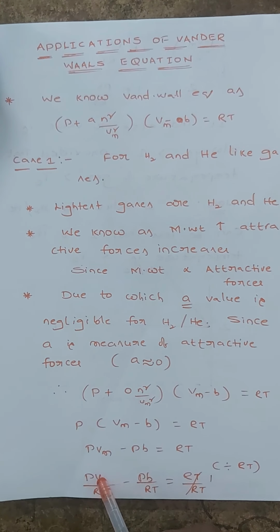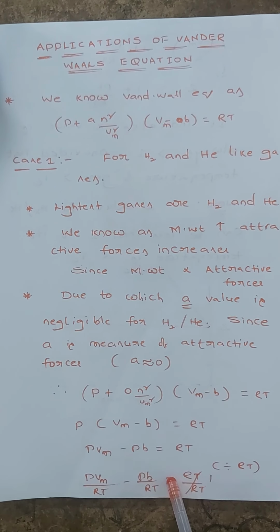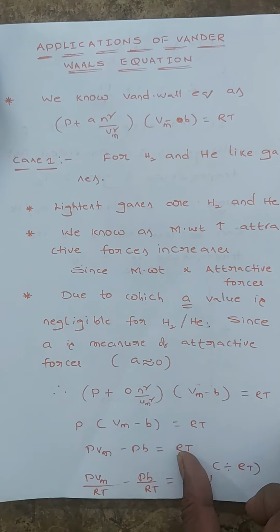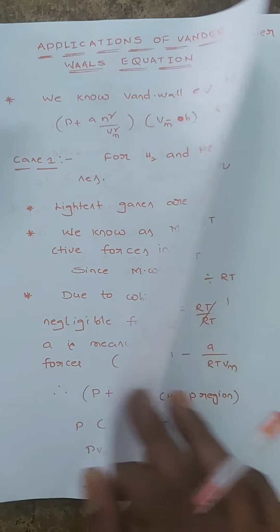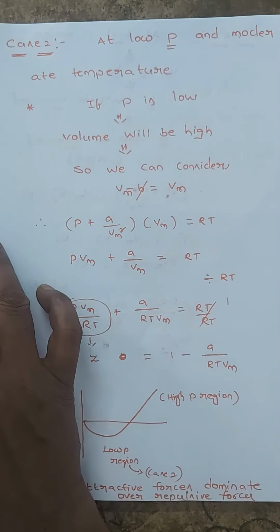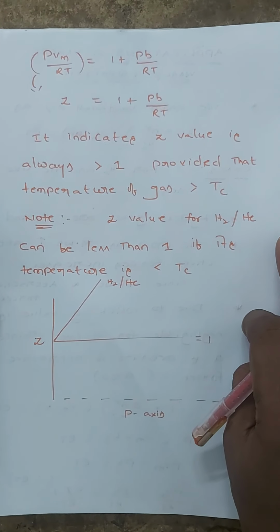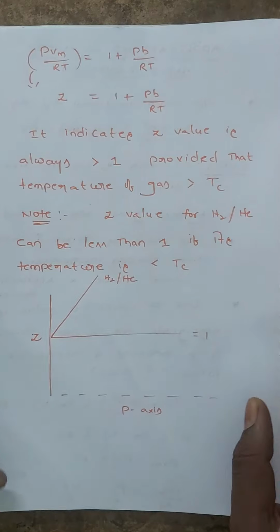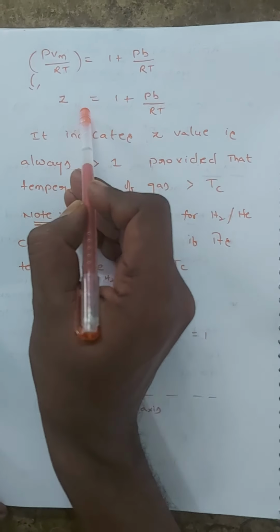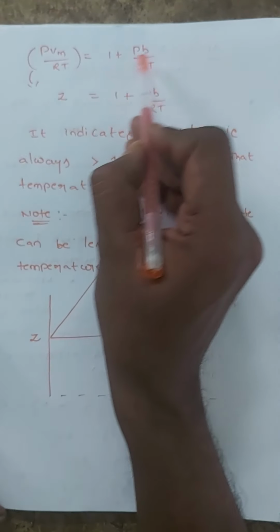So we get PVm by RT minus Pb by RT is equal to RT by RT. We know PVm by RT as the Z value. So Z is equal to 1 plus Pb by RT.